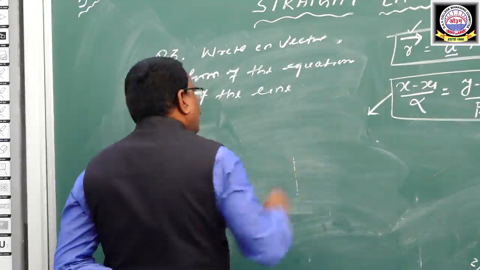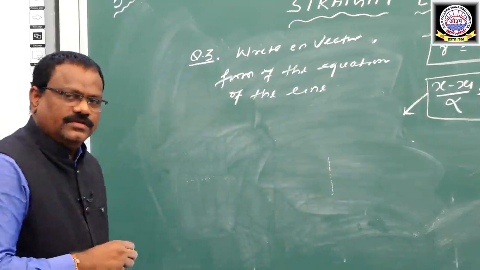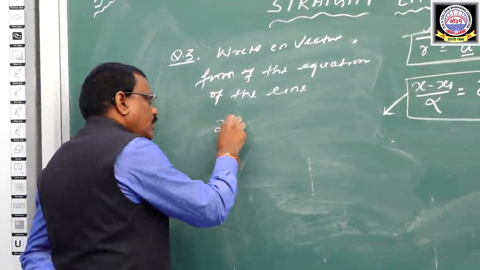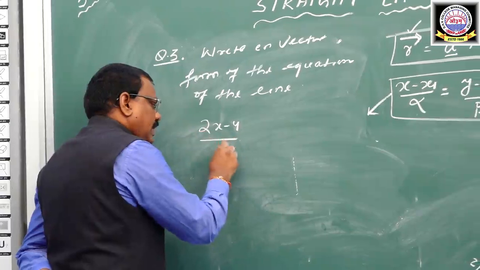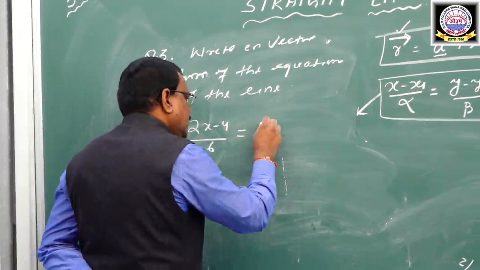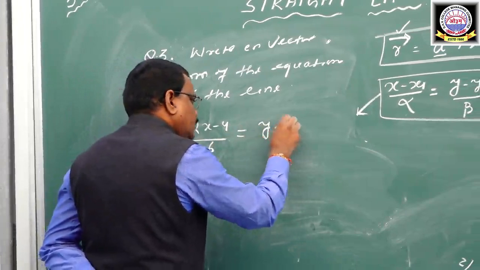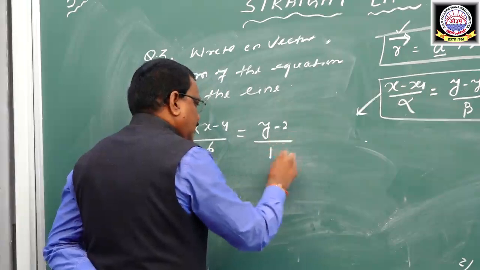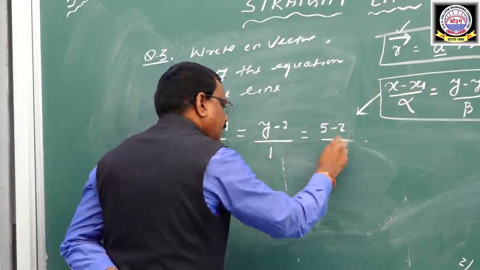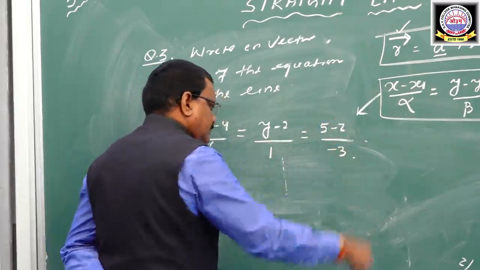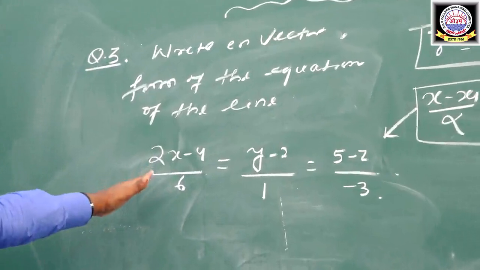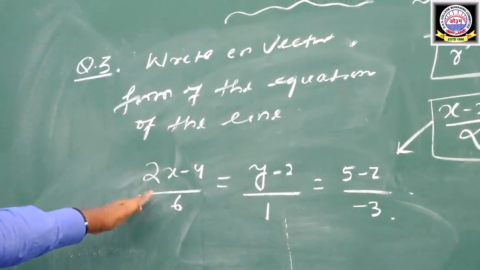So the equation of the line is (2x minus 4) by 6 is equal to (y minus 2) by 1 is equal to (5 minus z) by minus 3. Look at here. So this is the equation of the line in standard form, that is in the Cartesian.